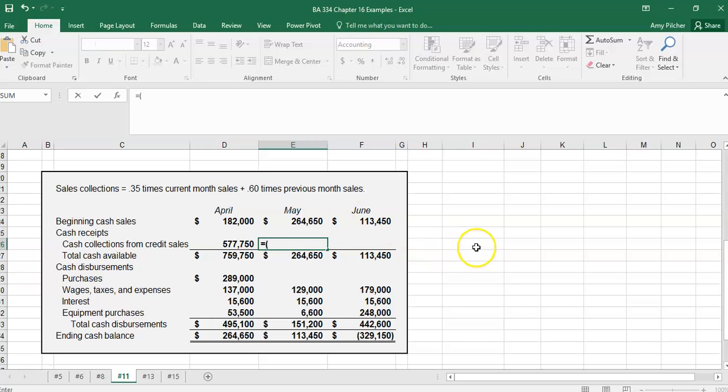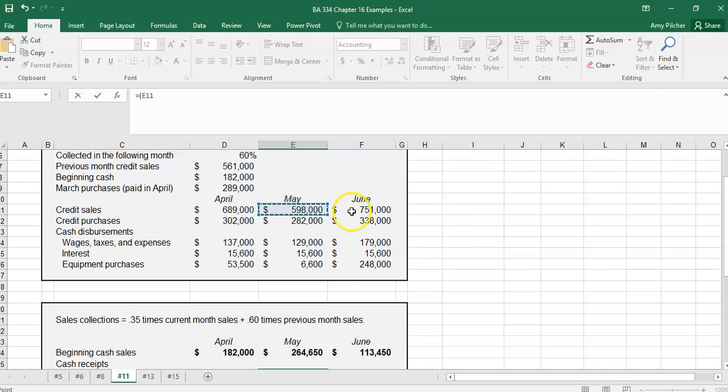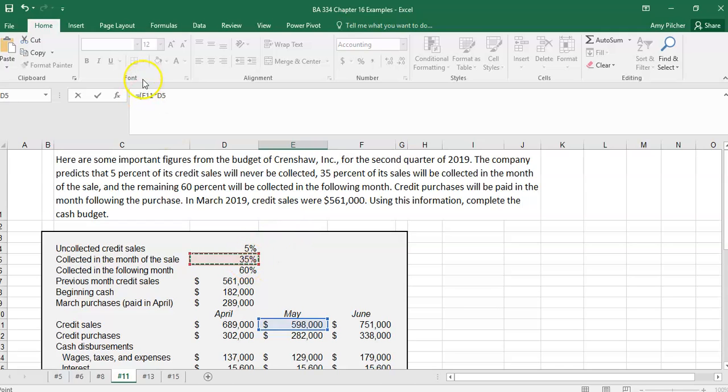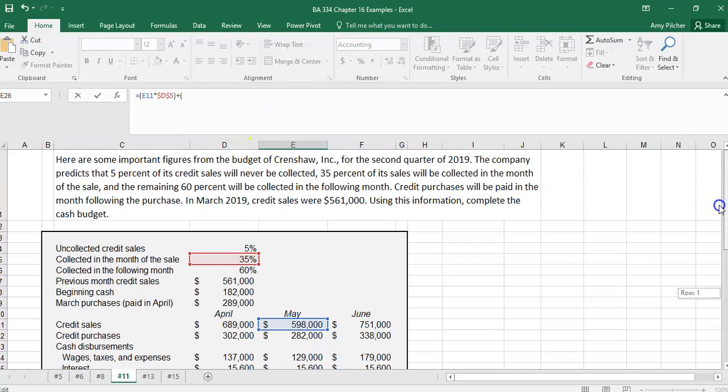So let's do that. We have May's credit sales times 35%. We'll lock that cell. Plus 60%. Unlock that cell.